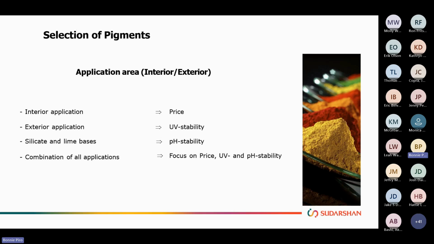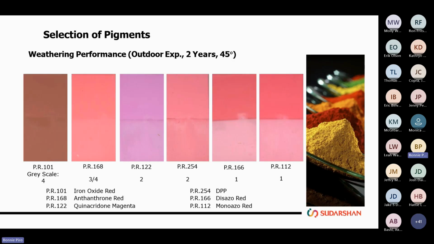Here, it's more of a balance between price, UV, and pH stability. The whole aspect is balancing out all of the attributes that you're looking for. In terms of weathering performance, there's a lot of choices to make.